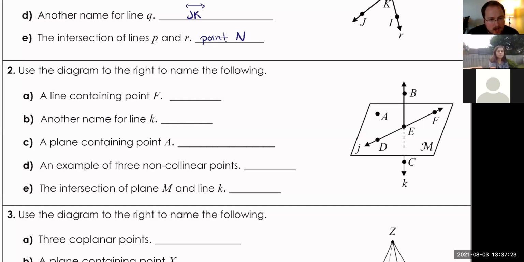So can we find a line containing point F? Line DE, that'd be a good way. Or we could say DF or EF, or we could even say line J. So lots of options there. What's another name for line K?